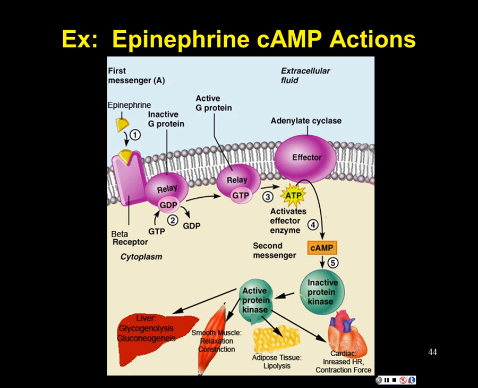So think about epinephrine when you're running. The smooth muscle in your stomach will probably, do we need to really constrict though? Do I need to digest a lot during running? No, so it causes relaxation. And my blood vessels, if I want to bring my blood pressure up, they should constrict.